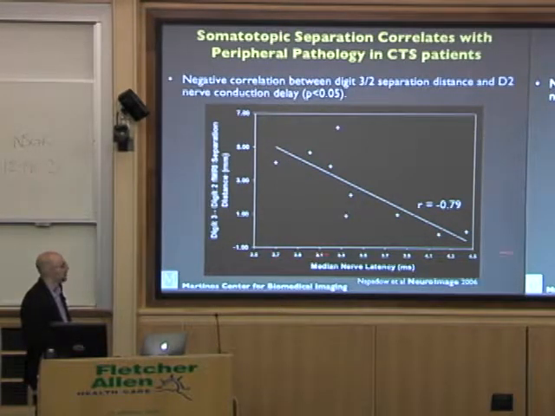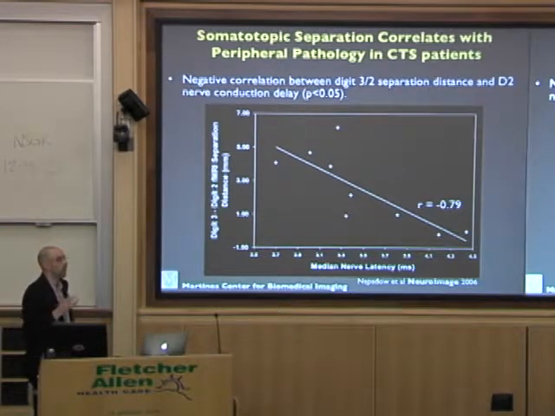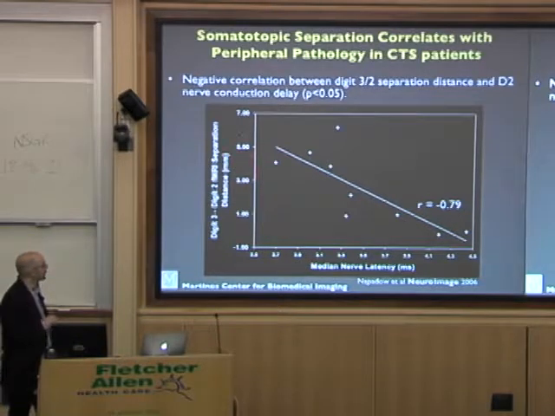So median nerve latency is on the x-axis, so the higher the number, the worse the peripheral pathology, the worse the slowing of this impulse. And on the y-axis is an fMRI measure of the separation distance in that patient from digit 2 to digit 3. And we see that the worse the pathology, the closer this number is to 0, the closer we are to basically a blurring of these two digits.